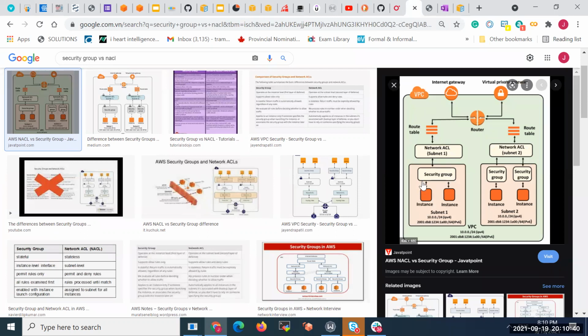So security group is attached to the instance, as you see, and the network access control list sits in front of the security group. What it does is it will block the traffic that's coming to your instance.